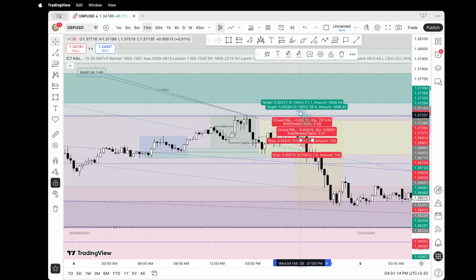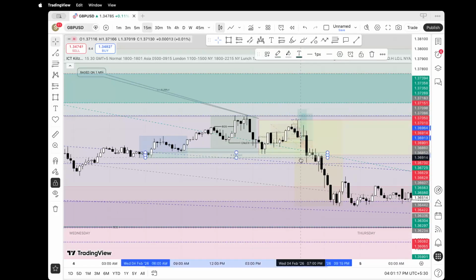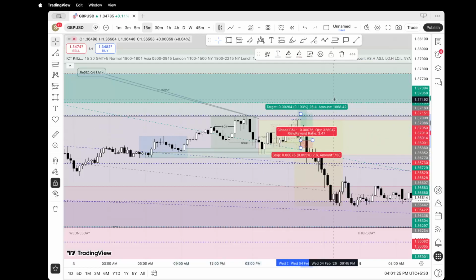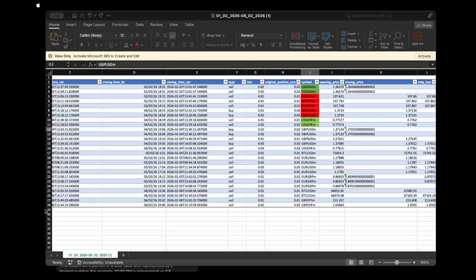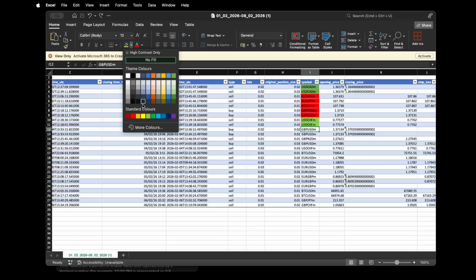Oh my god, why did I take this again? It was so clear, damn it man, this trade was so clear. Obviously this was a major psychology fuck up because I had already made two losses. So obviously overtrading was the only reason I see for messing up this trade, man.